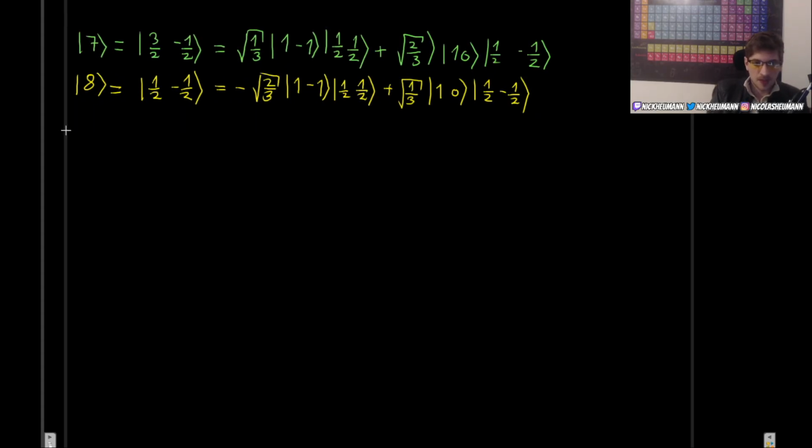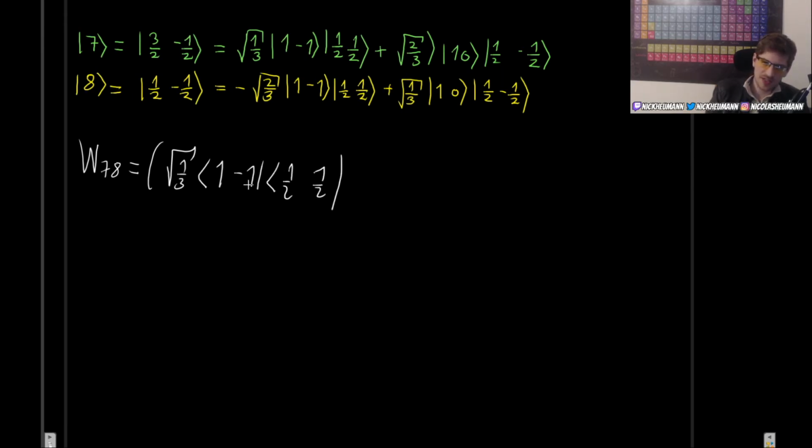All right. So to do that, I'll once again do every step because this might be a little bit more confusing. So W78, which is the same as 87, this is going to be the bra of 7. So we get square root of 1/3, bra 1, minus 1, 1/2, 1/2. You can see here how this bra and ket notation is super handy, right?